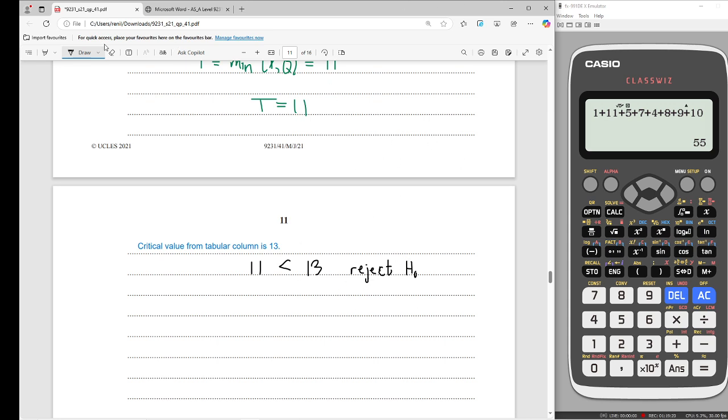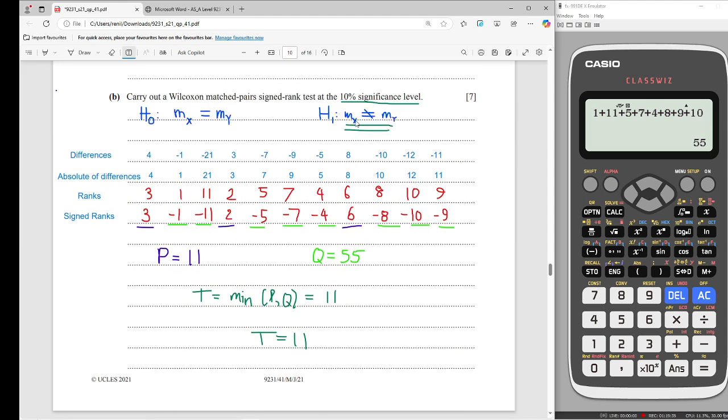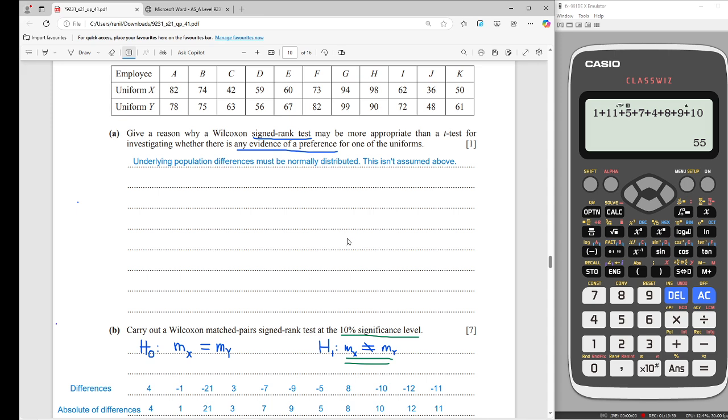So when we reject H null, the structure for accepting H1 goes like this. There is sufficient evidence to suggest that, and now we write our H1, which is mean X is not equal to mean Y, which means that population means are not equal, or we can write preference for one of the uniforms.